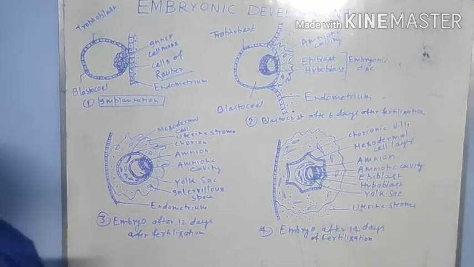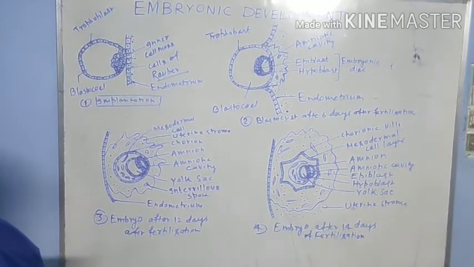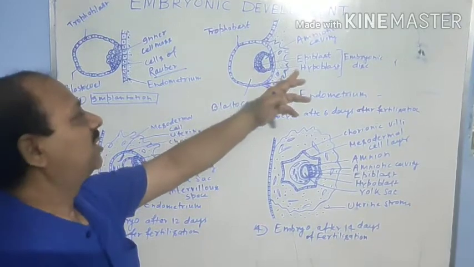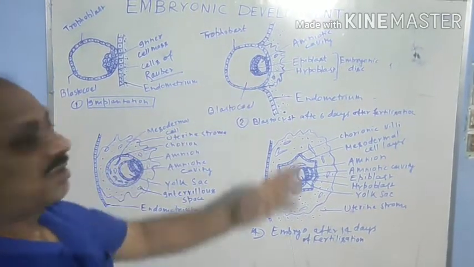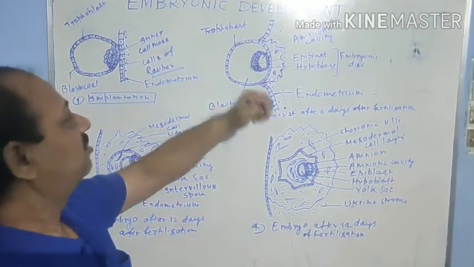Gradually it invaginates the uterine wall, that is, the endometrium. Here you can say that the blastocyst enters the endometrium.